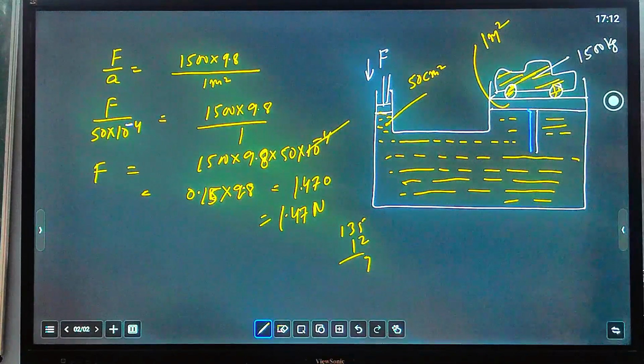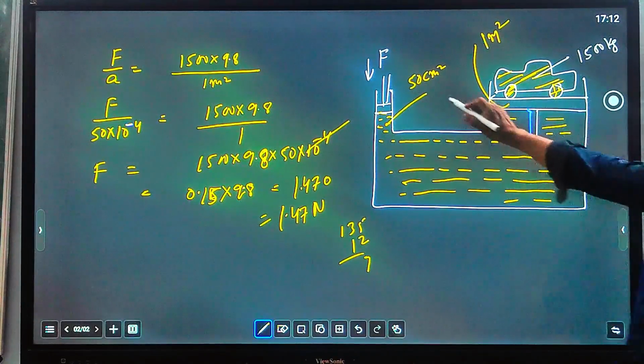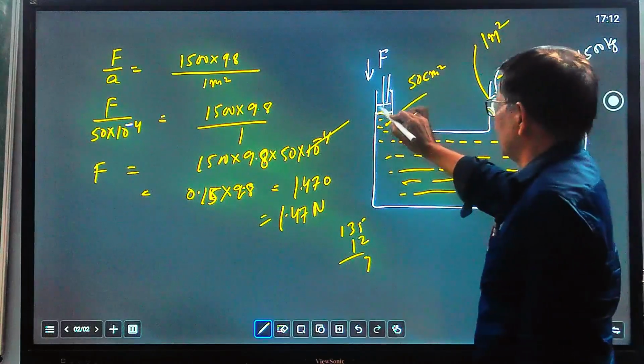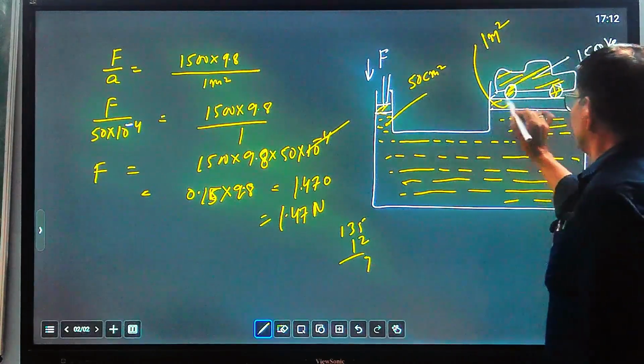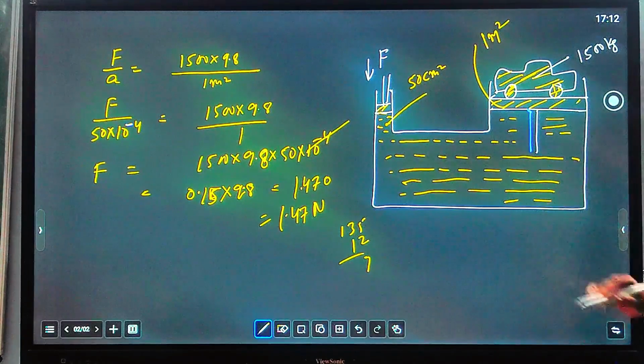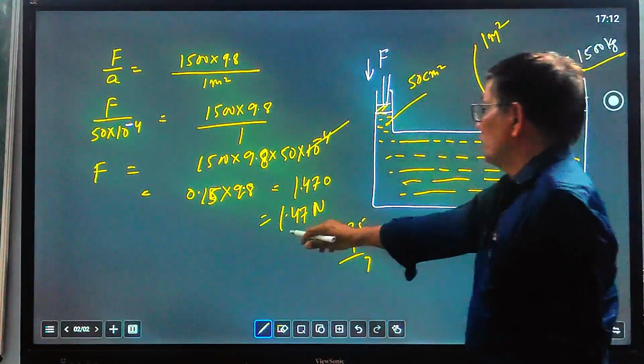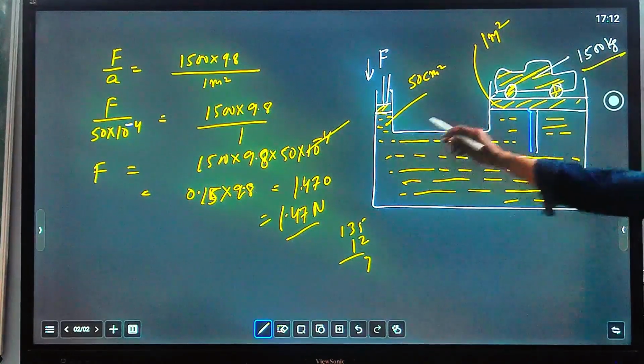You can apply a force of 1.47 Newton, where the piston area is 50 centimeter square and the plunger area is 1 meter square, and we can raise a body of 1500 kg. That is a beauty. Around 15,000 Newton force you can raise by applying only 1.47 Newton for the given condition.